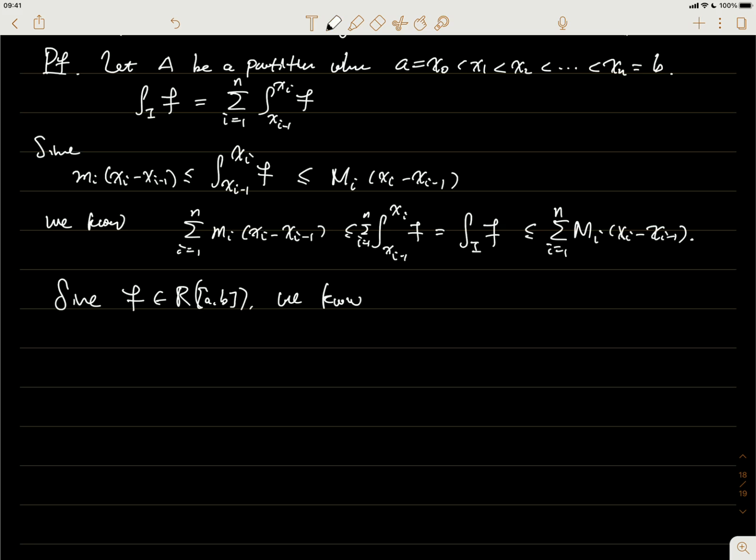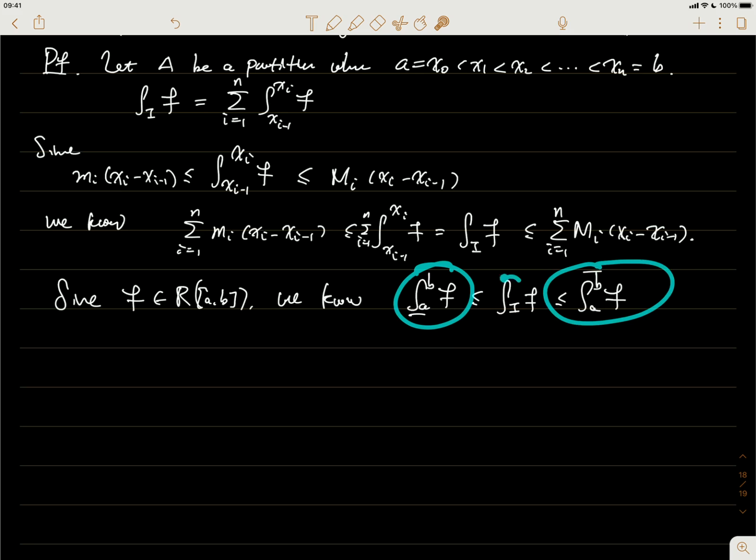So we know that the Lebesgue integral of f is bounded between these two. But I know that when f is Riemann integrable, these two are equal. And this is in between, so that just means that all these inequalities become equalities.